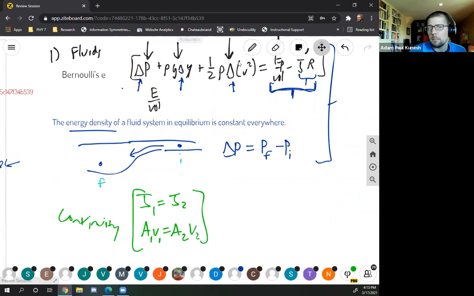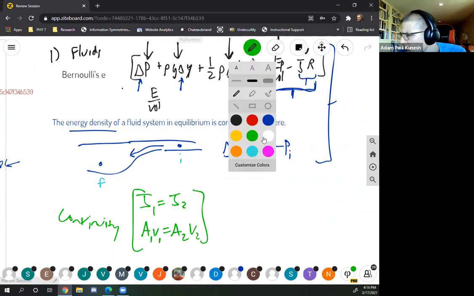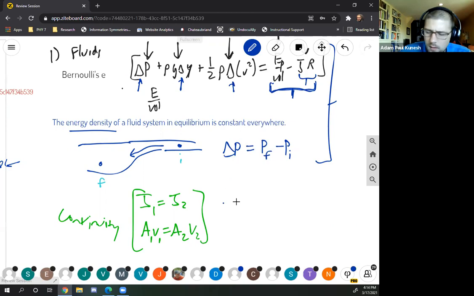The next major equation from fluids is the continuity equation. What the continuity equation says in words is that the fluid volume per unit time is conserved.